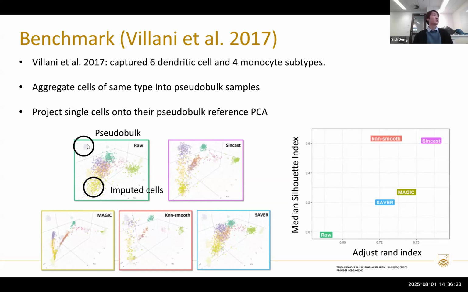Here, the faint dots are the pseudo-bulk samples. You see, Sincast aligns very well and keeps the continuity of cells between these clusters. But for MAGIC, it's not very good. K-smooth is another imputation method based on network propagation, and SAVER is the deep learning method.